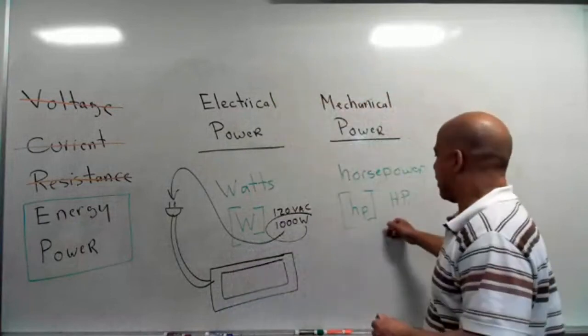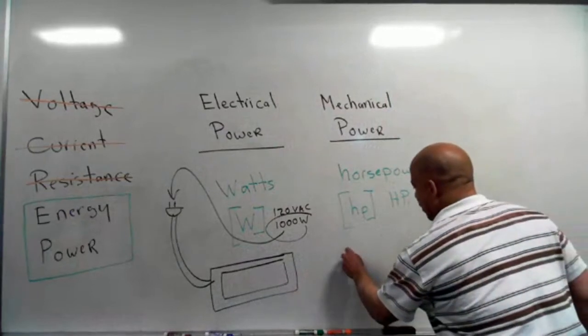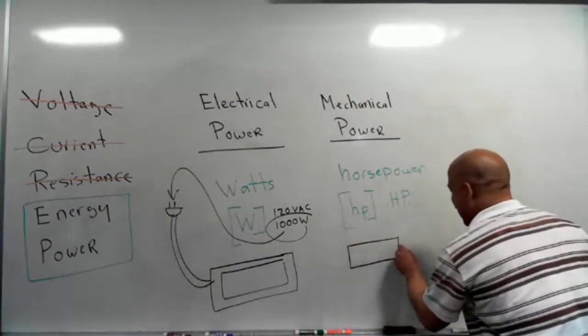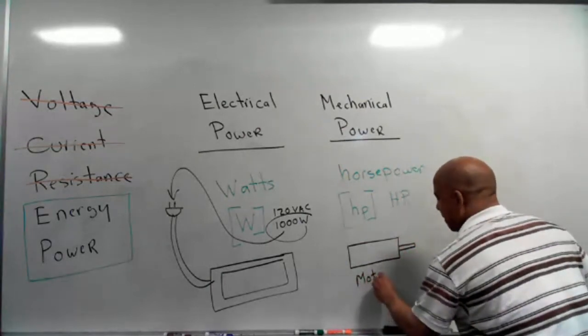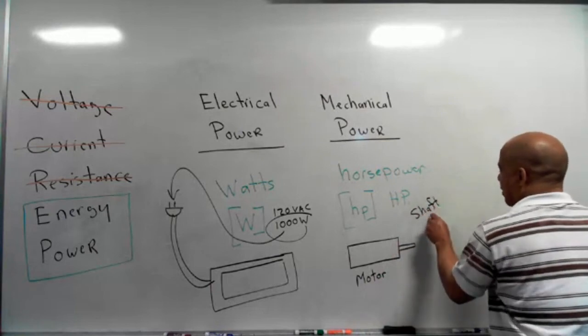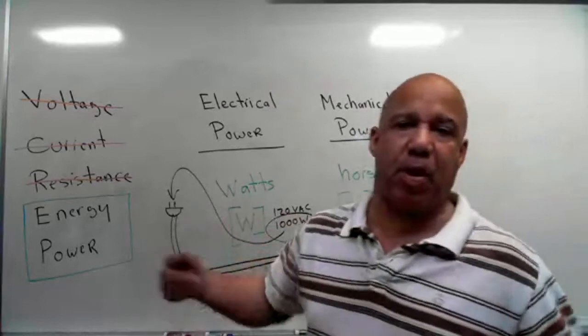Whereas over here, I might have a machine like a motor. Here's the body of the motor, and here's the shaft that spins. On that shaft I might have a fan blade, or it might be a pump.